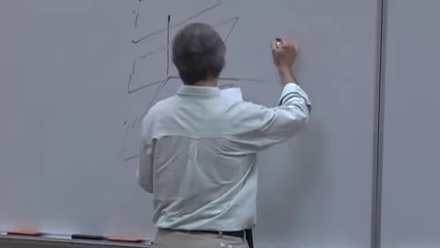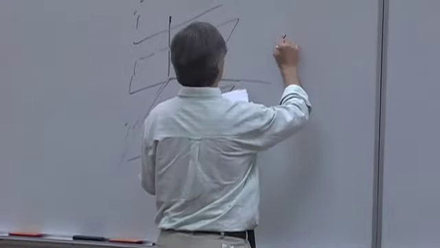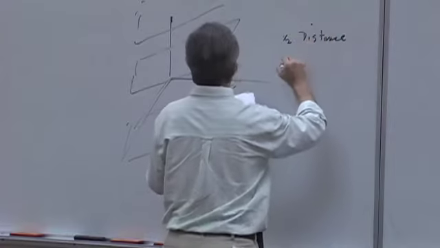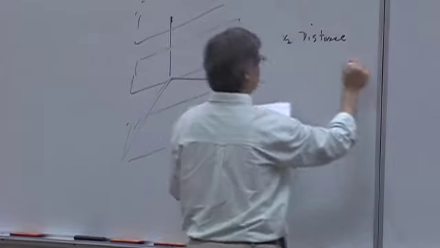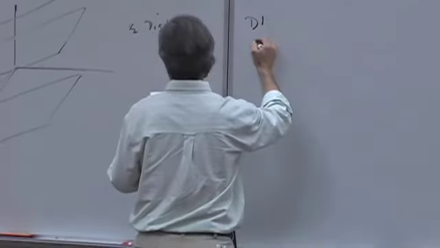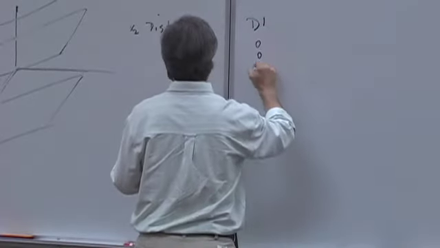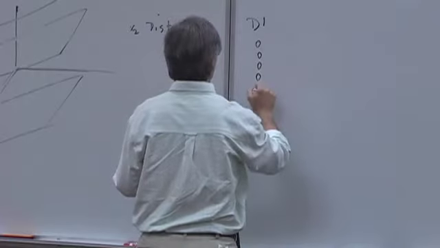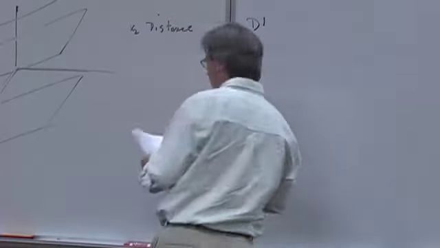Let's see. So I had x2 was distance, and I had D1 be 0, 0, 0, 0, 1, 2, 3, 4, 5, 6, 7 zeros.